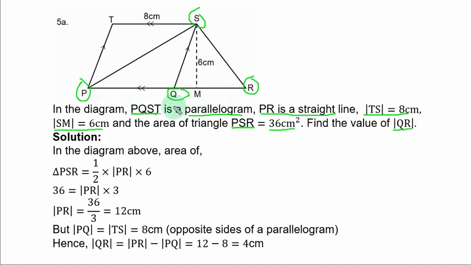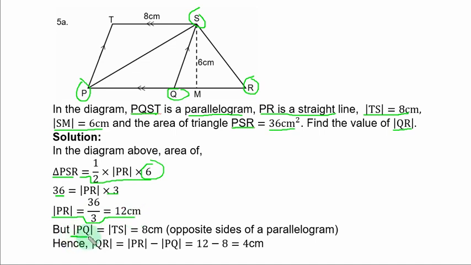So from triangle PSR, you have it that area of triangle PSR is 1/2 times the base PR and the height 6. So the area is 36. You divide 6 by 2, you have 3. That is PR times 3. To get PR, divide both sides by 3, and PR is equal to 36 divided by 3. That is 12 centimeters.